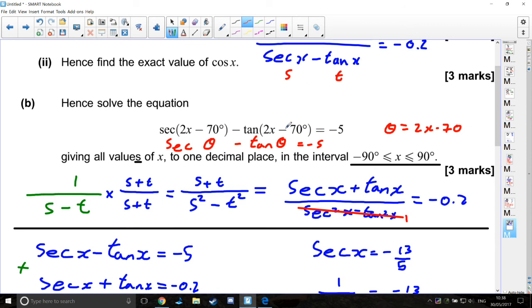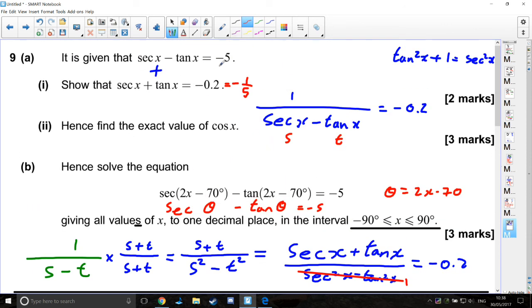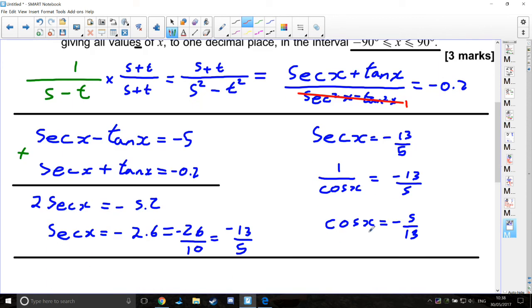So that's exactly what we've got up here. And from this here, we worked out that this is true. And from both of these, we worked out that this is true.